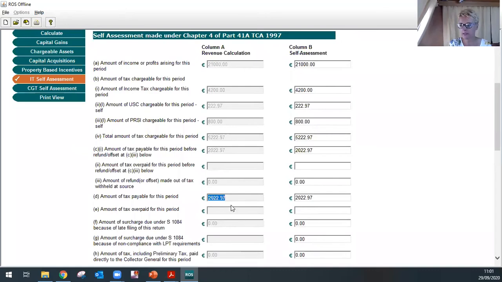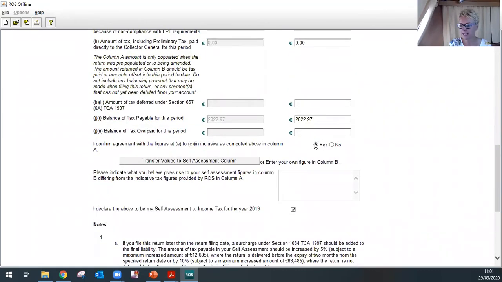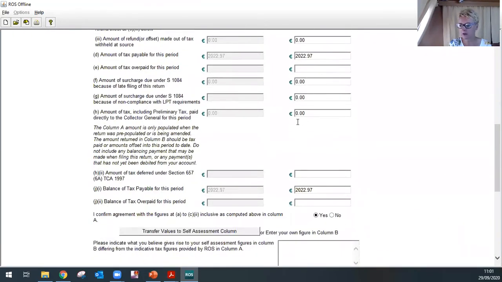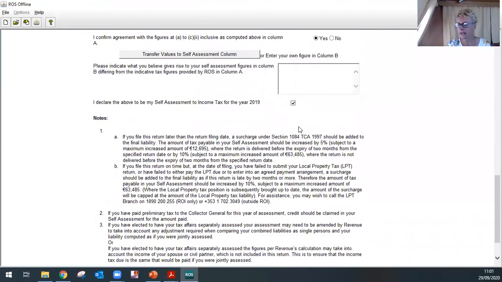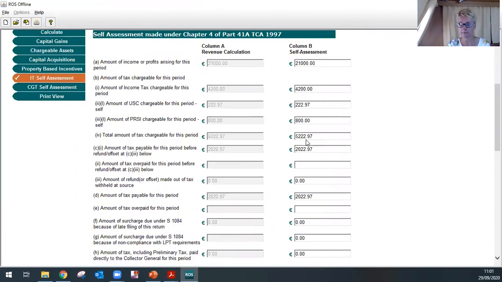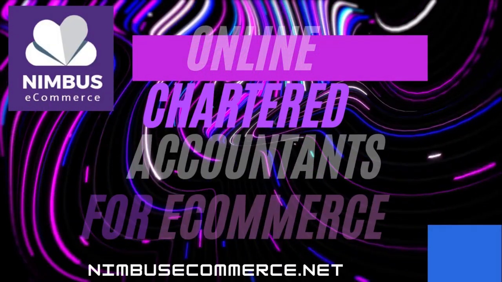So if you agree with these figures, you tick yes, I agree, and transfer the values to the self-assessment column, and the system will transfer all these values to your column. That means that you agree with the Revenue calculation and you accept the figures. At the end, you tick, I declare the above is my self-assessment income, and basically that's your tax return done.